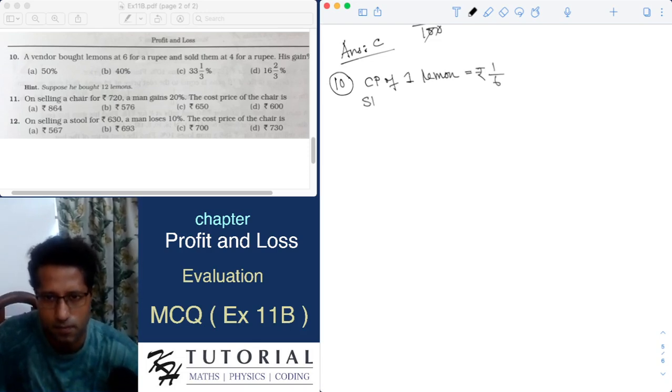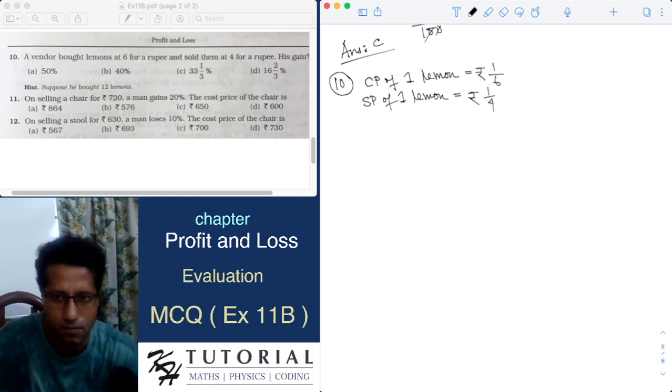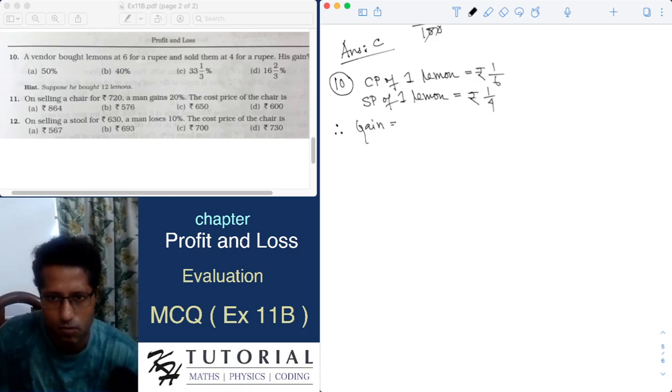Similarly, selling price of 1 lemon should be, it is given that the vendor sold 4 lemons for a rupee. So the selling price of 1 lemon is rupees 1 by 4. Therefore, which is greater? Definitely 1 by 4 is greater. So SP is greater, which means gain is equal to SP minus CP, and this gain is based on 1 lemon.